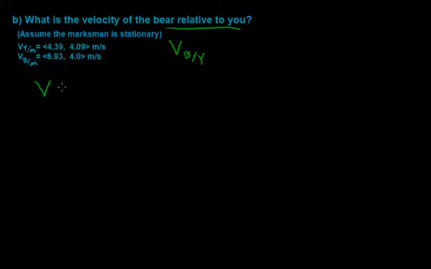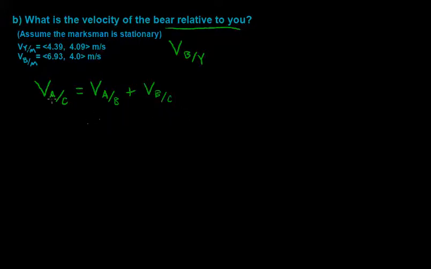And vector addition looks something like, if you have the vector of an A relative to an object C, this can be equal to the velocity of an A relative to a B plus the velocity of a B relative to a C. And all we really have to do is match up the variables or the subscripts that we have to fit this model here.